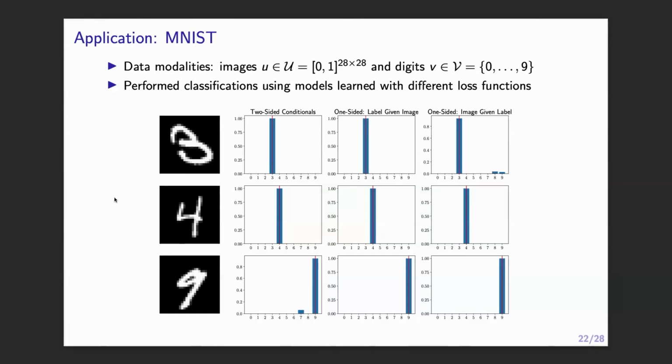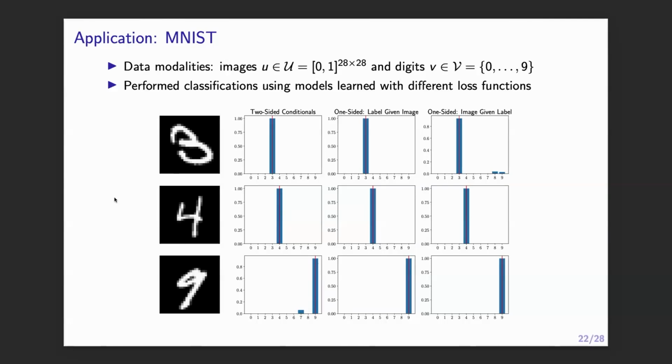That's like building a classifier. You can train models that learn images given labels. That's like a generative model, or you can learn a model that tries to match both of these conditionals.